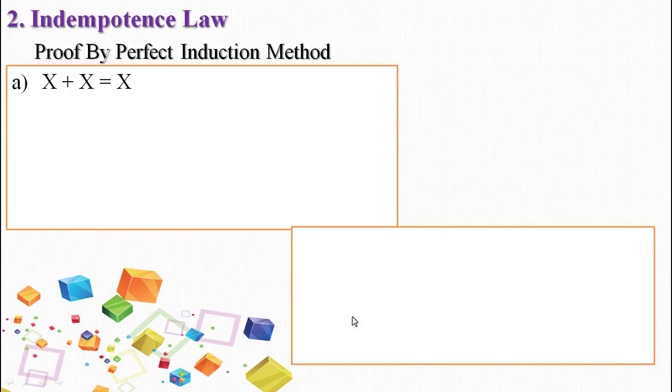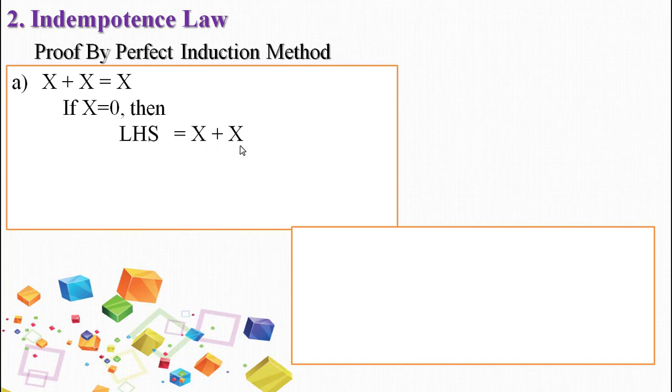Now proof by the perfect induction method for the idempotence law. x plus x is equal to x, that is the expression for the OR. Let us assume the value of x is equal to 0 and then take the LHS part. The LHS part is x plus x.